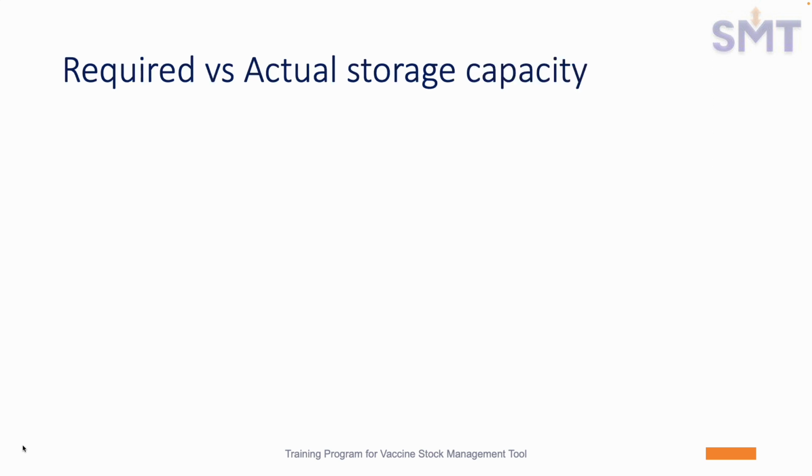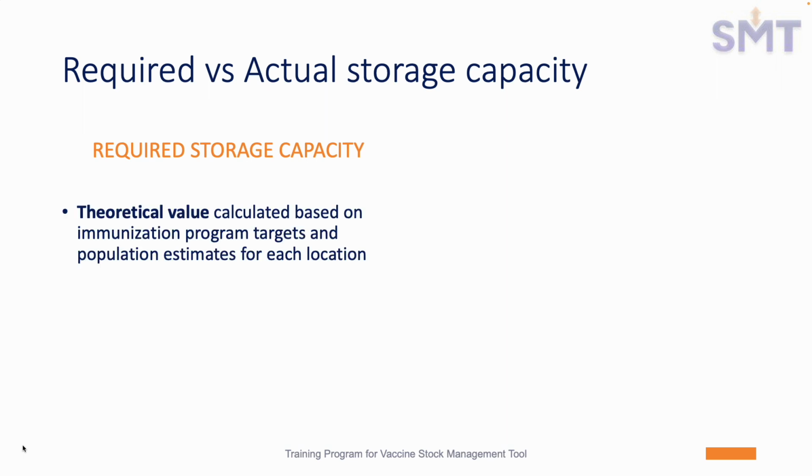So, starting with the difference between required and actual storage capacity in the SMT platform. Required storage capacity is basically a theoretical value which is calculated based on the immunization program targets and the population estimates for each location.